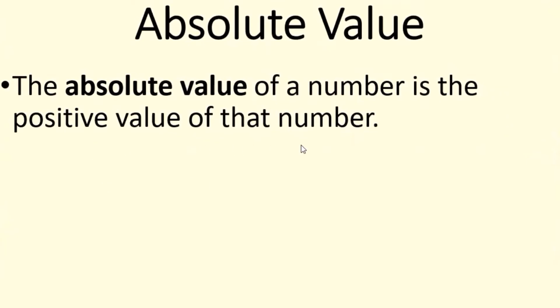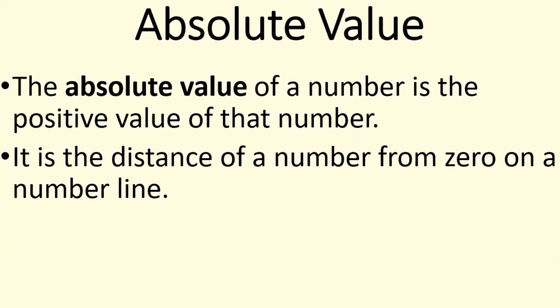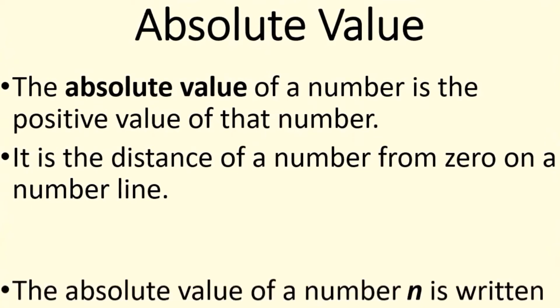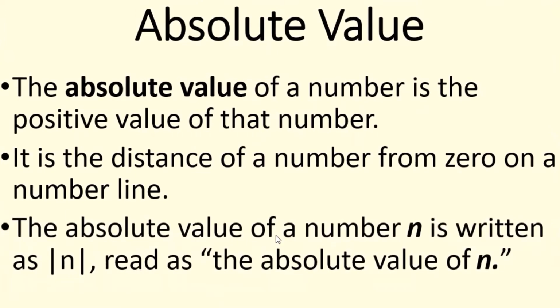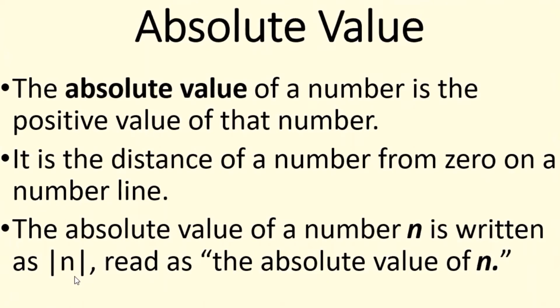It means we disregard the sign. It is the distance of a number from 0 on a number line. And the absolute value of a number n is written as absolute value of n. So this is the symbol sign of the absolute value.